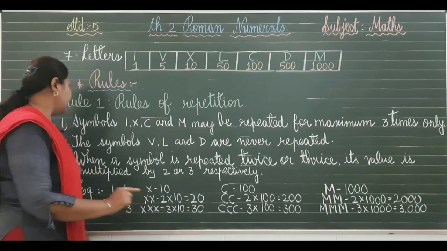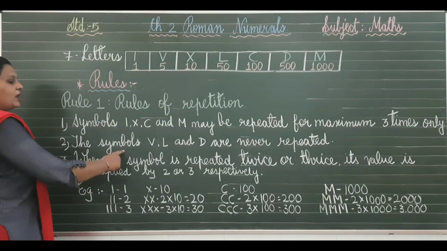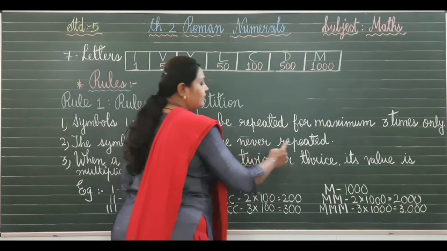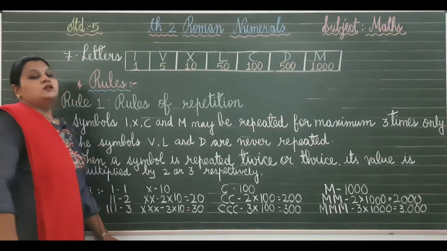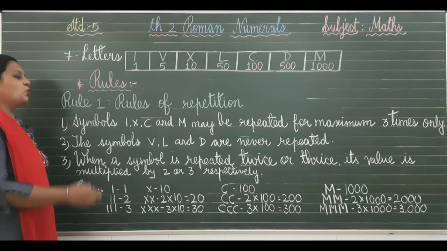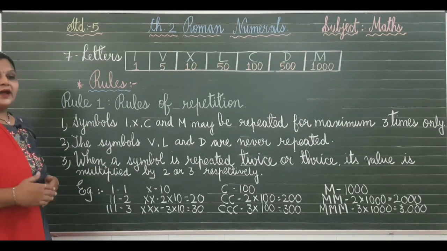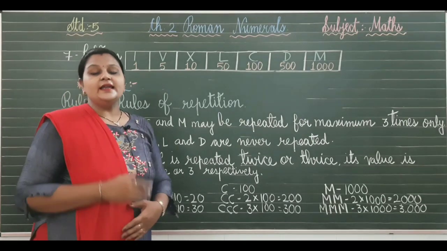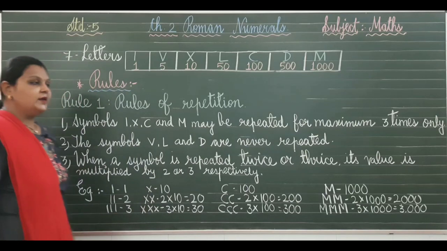Okay. Second rule, the symbols V, L and D are never repeated. These 3 symbols V, L and D, when you are writing Roman, you cannot repeat. You have to use them only one time. Okay.